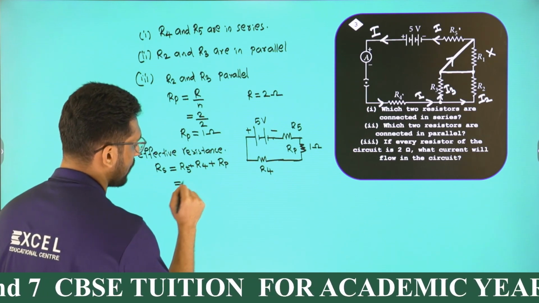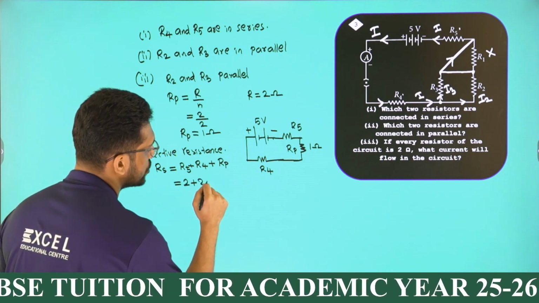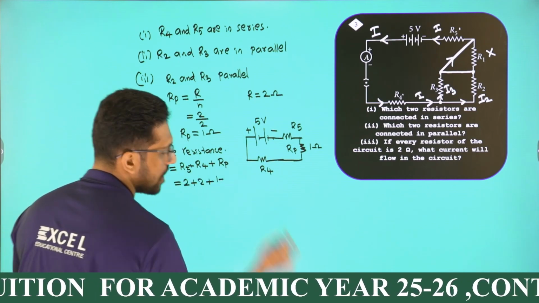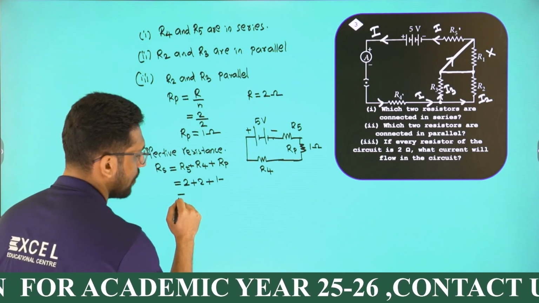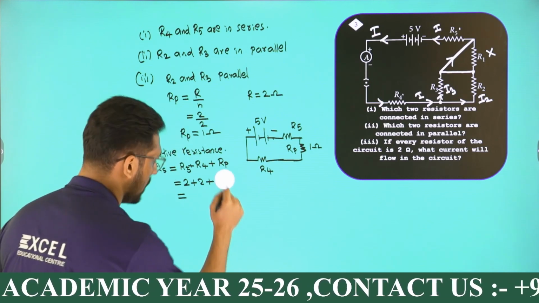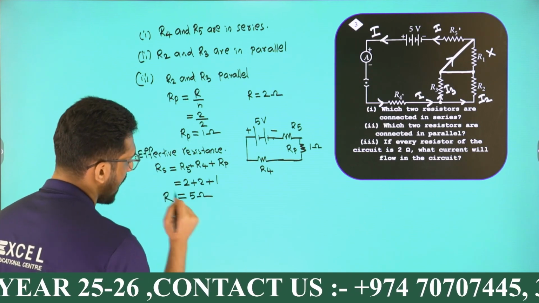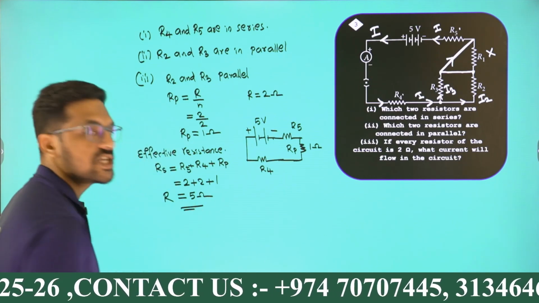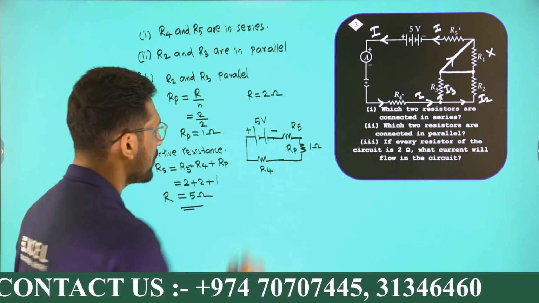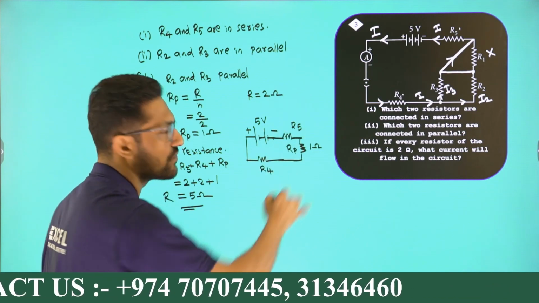R5 is 2 ohm, plus 2 ohm, plus 1 ohm. That will be 5 ohm. Now I have the effective resistance. The effective resistance of this circuit is 5 ohm.